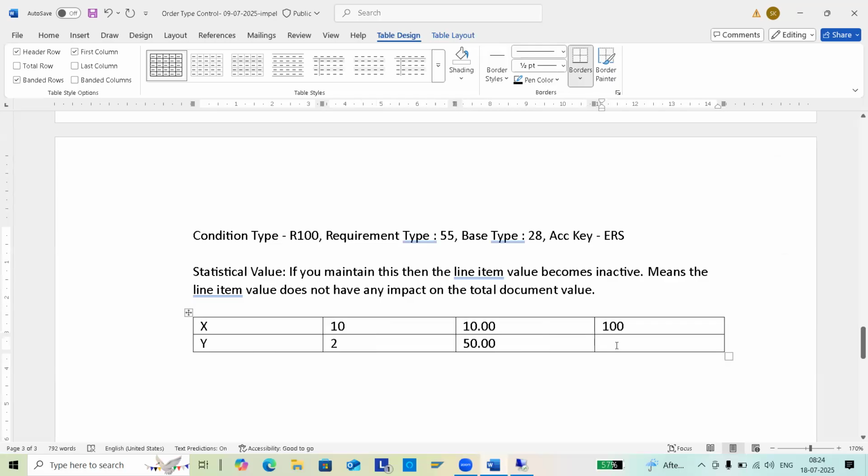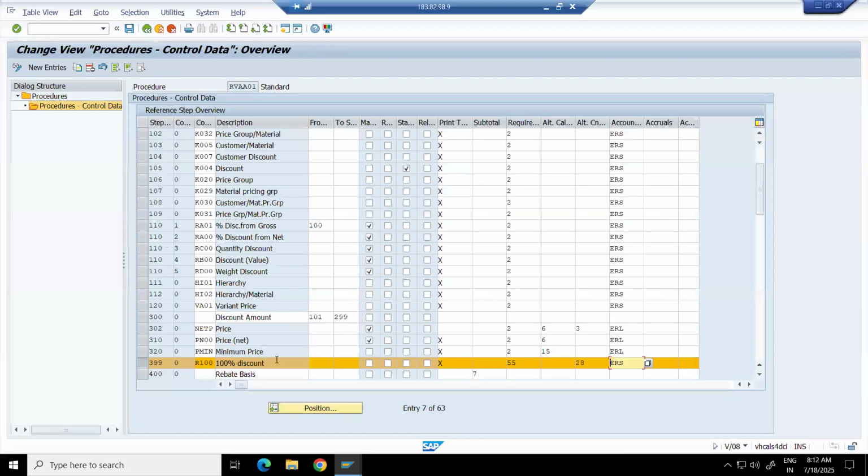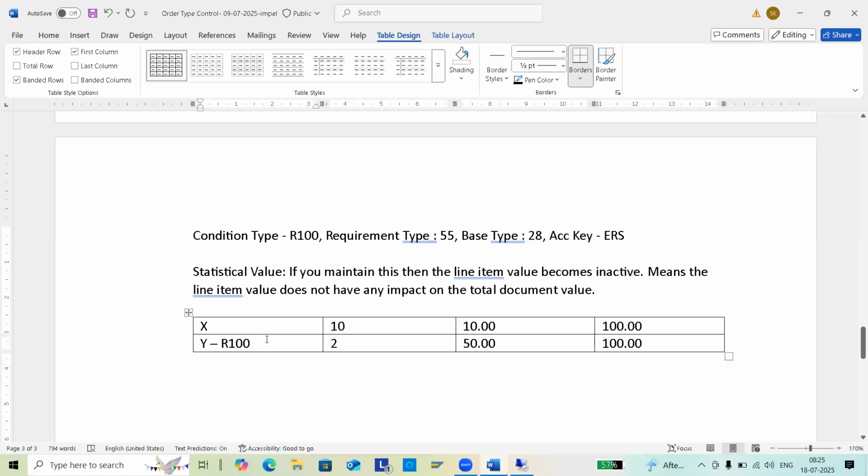Then it is also becoming 100 rupees. But if this Y line item contains the statistical value, not R100, statistical checked, then this value will not be included.